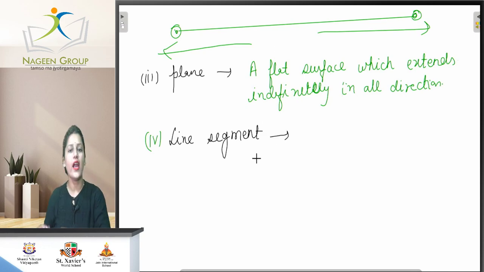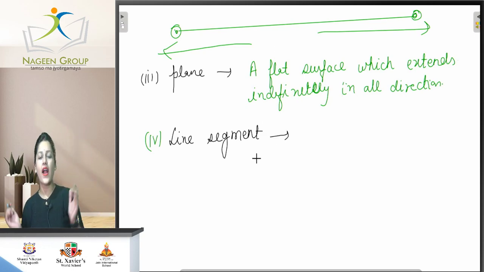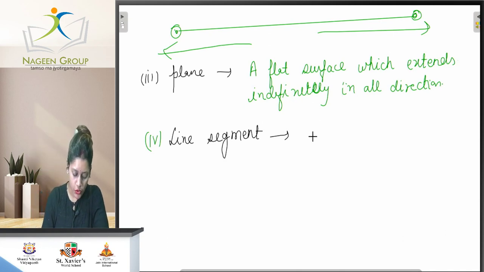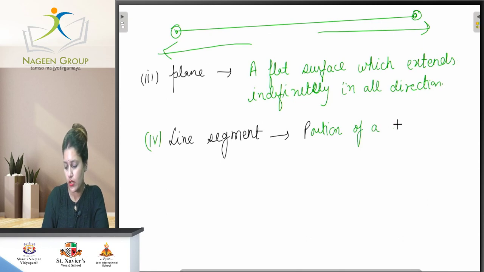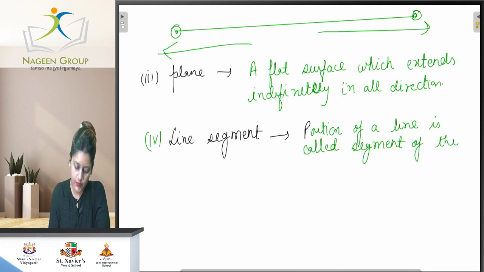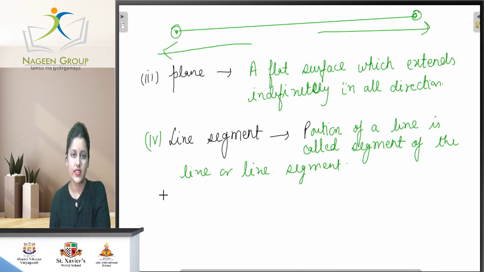Just as a line has no end, but when we find those ends, what do we call it? A line segment. So what portion of a line is called a segment of the line, or line segment. It is written, there is a special way to write a line segment, that is AB or BA.